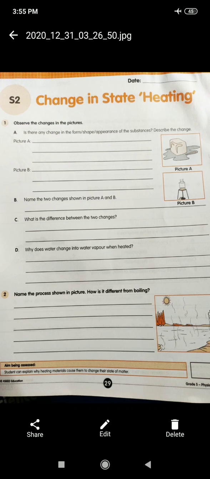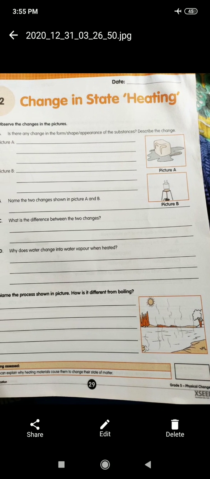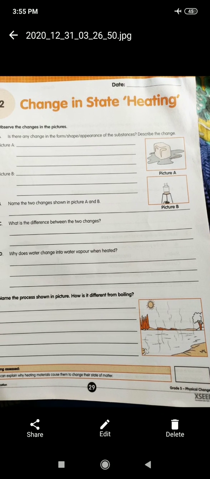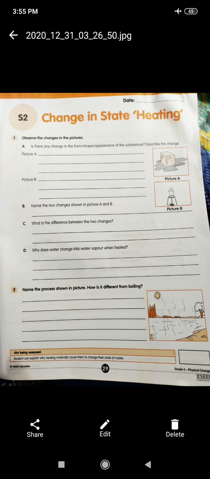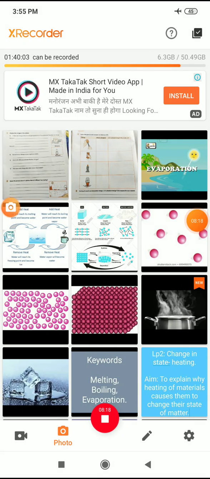Name the process shown in the picture. Which process is this? How is it different from boiling? For the second question, you have to write by your own. Tomorrow we will discuss LP3 and LP4.